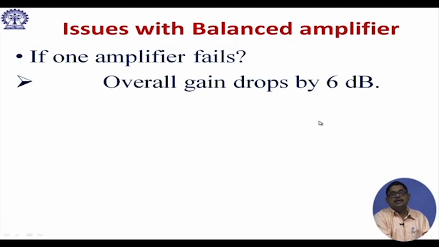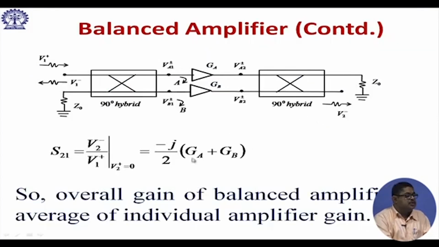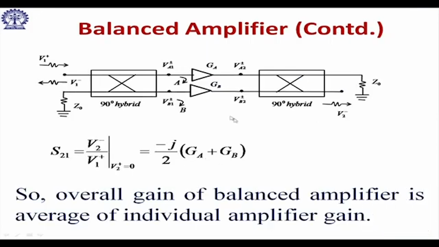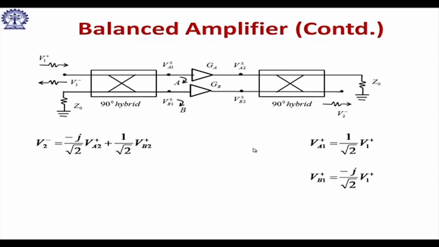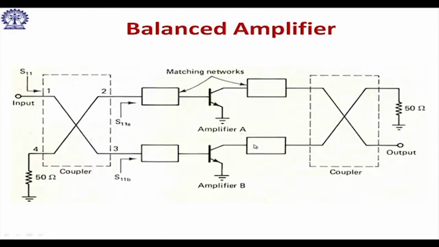You see that suppose amplifier B fails, so what you get is half of this in S21, that means in dB scale you are getting a voltage gain that is falling by 6 dB.